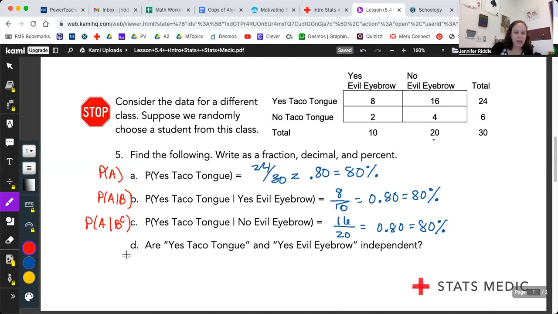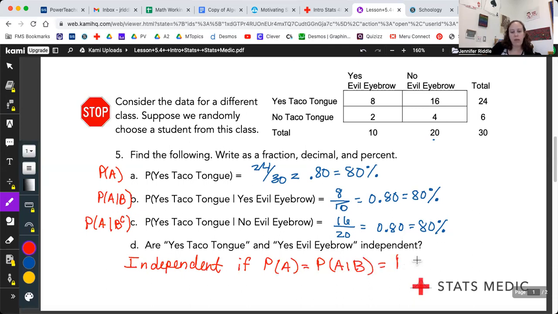I can say that yes, these are independent because the probability of A is equal to the probability of A given B, and that's also equal to the probability of A given not B, the complement of B. Okay, so that's what it means to be independent.